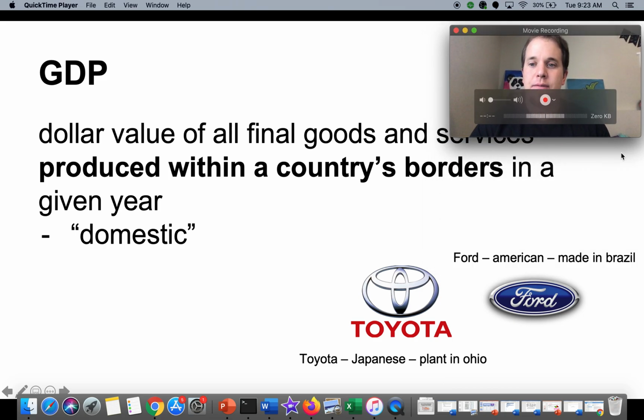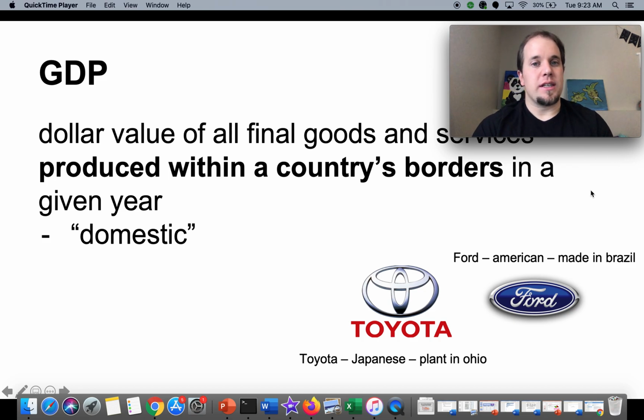Within the U.S., we have different car companies. Toyota, which is not an American-based company but is actually based in Japan, has plants in the United States. And Ford, which is an American vehicle manufacturer, actually has plants in other parts of the world as well.